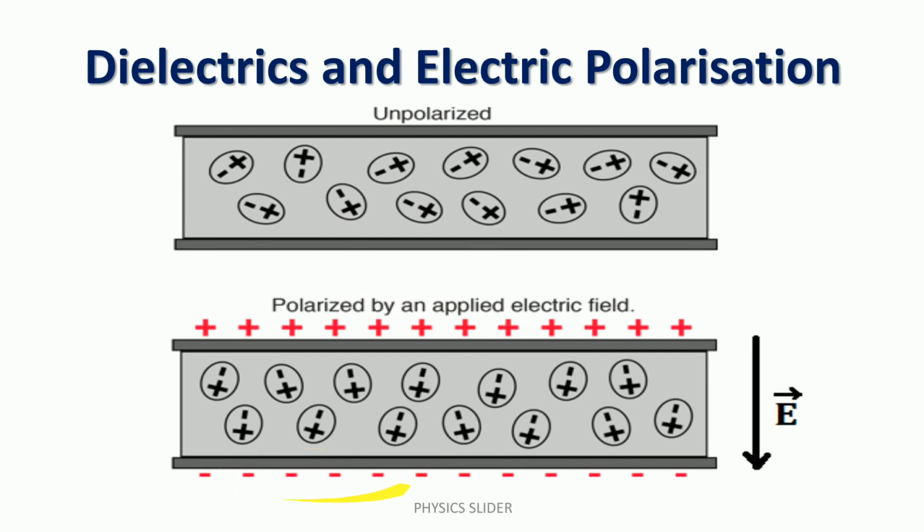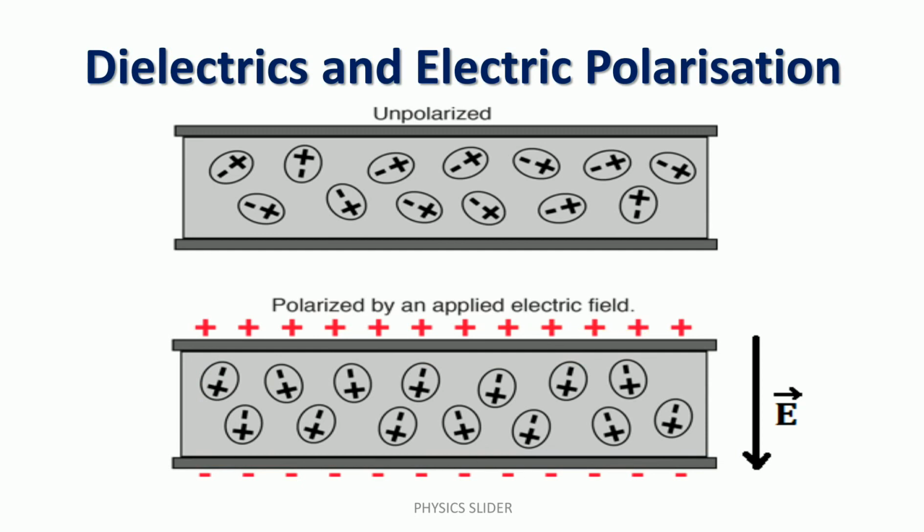So they create an order like this: positive, negative, positive, negative. Now, this dielectric material will be called polarized by an applied electric field.